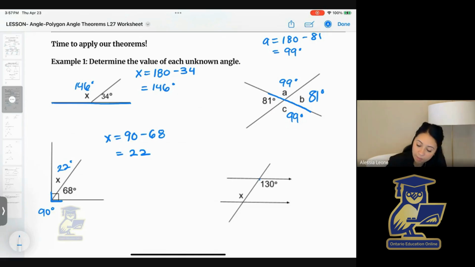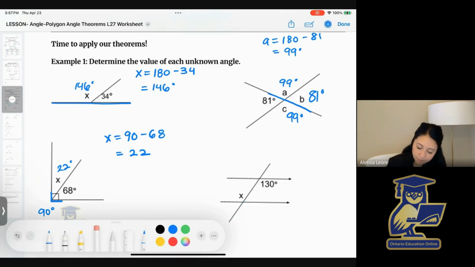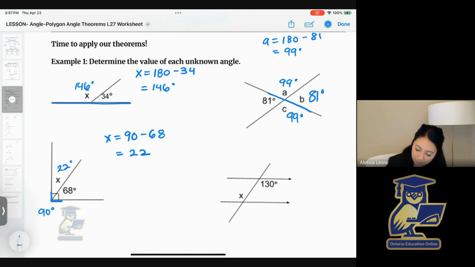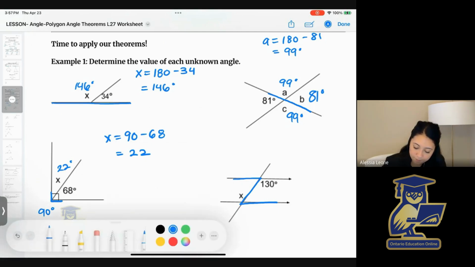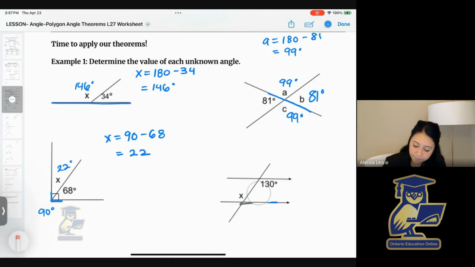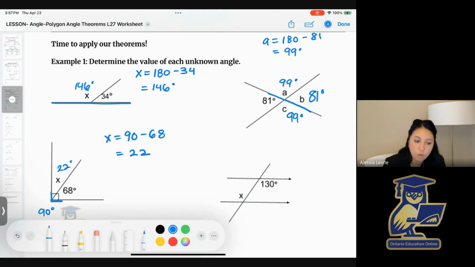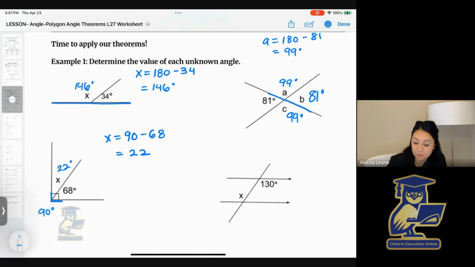Here you'll notice we have a Z pattern happening. Actually, you know what? We're going to start with the C pattern first.